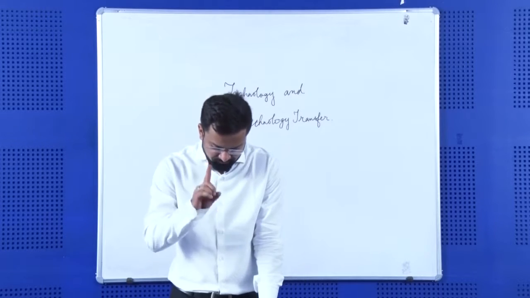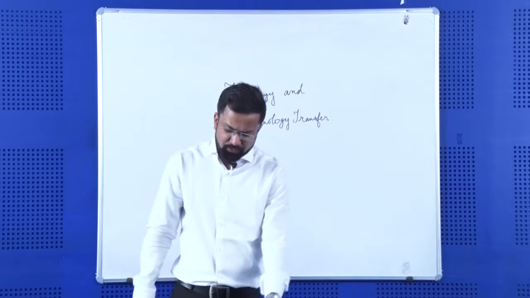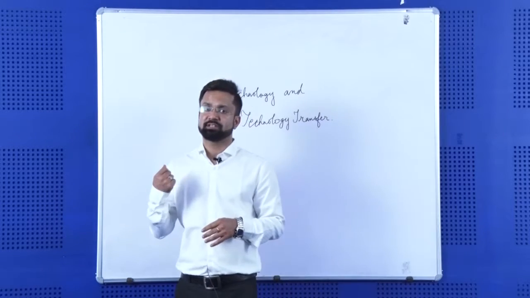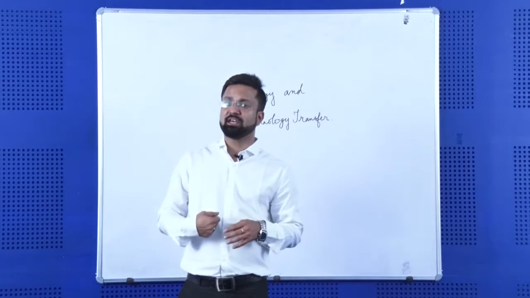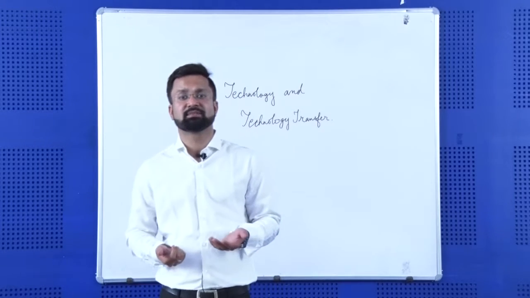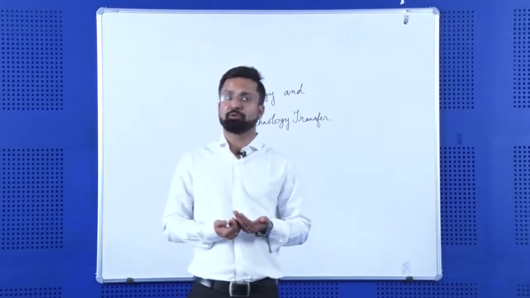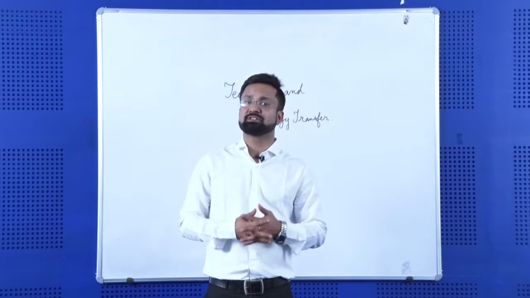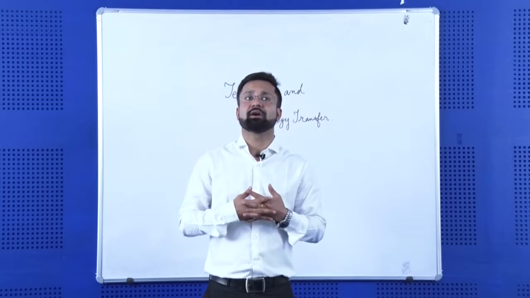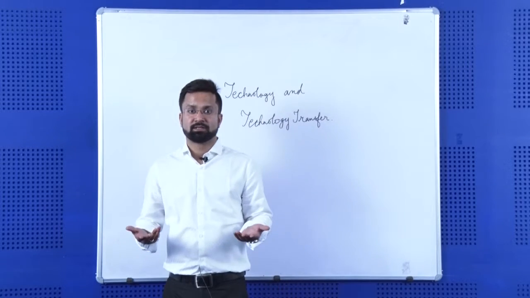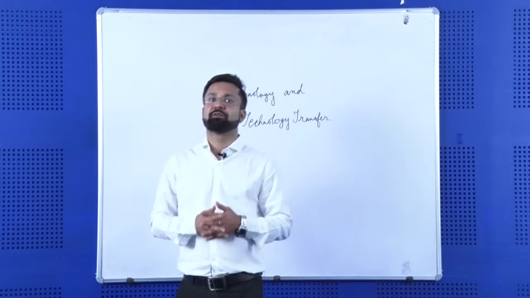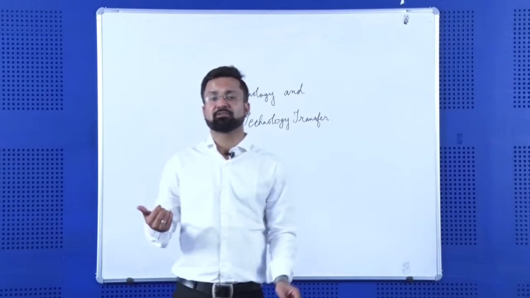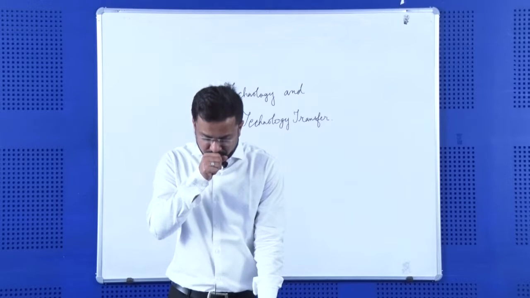To name them, the first one is inadequate training received by the operator. So, if the person who is operating a machine is unskilled himself or herself, then it would be almost impossible for the person to carry on with the operations of the machine, no matter how modern the machine is, but it will be of absolutely no use because the operator cannot use it efficiently.